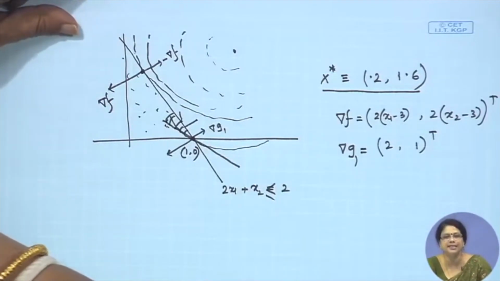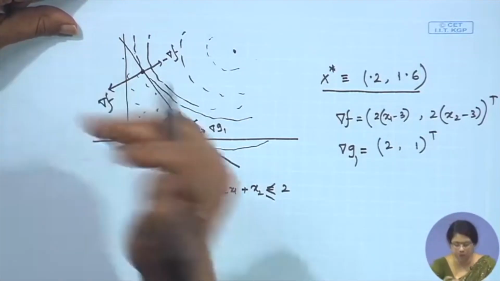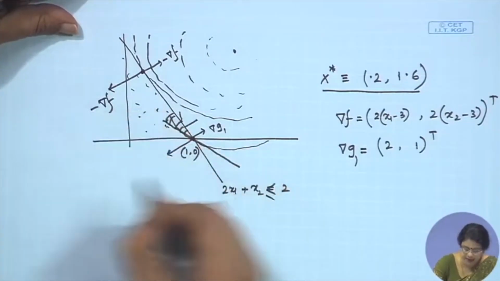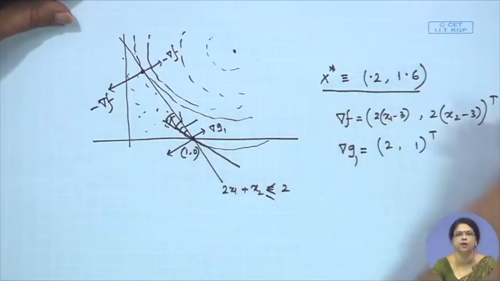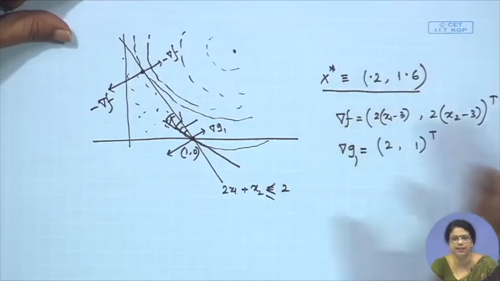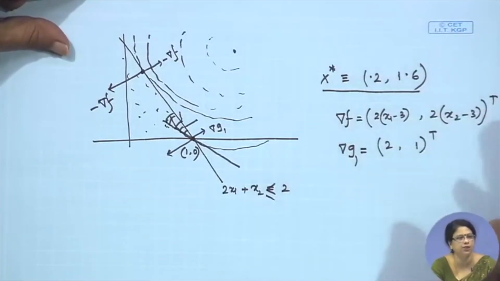And what will be the descent direction? Descent direction at this point is this one, this is minus grad f, and this is the ascent direction of the objective function. Feasible cone is in terms of constraint, but the descent direction is in terms of objective function. Since we are interested to find out the descent feasible cone, we have to consider the intersection of these 2 spaces.